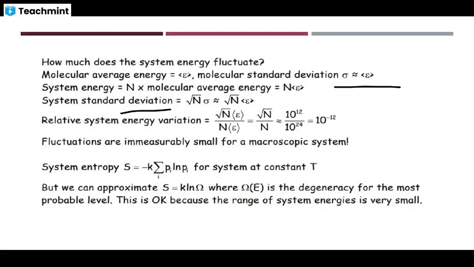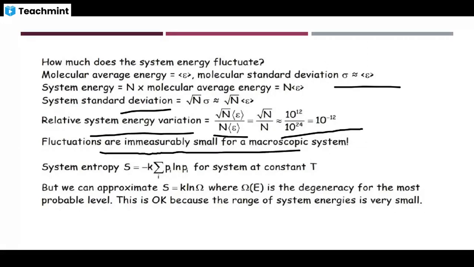Relative system energy variation is system standard deviation divided by the system energy. Then you get 10 power minus 12. So fluctuations are immeasurably small for a macroscopic system. 10 power minus 12 is very small. So for a macroscopic system, the fluctuations are very small. The relative system energy fluctuation is very small.